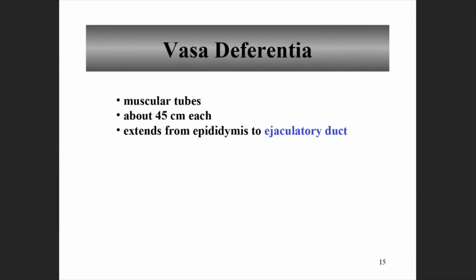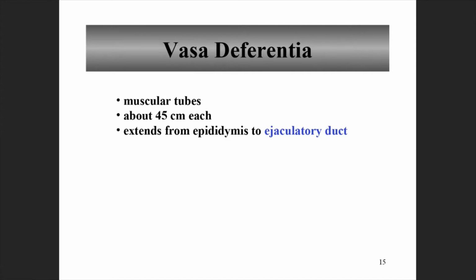So you guys need to know the semen flow. From the epididymis, vas deferens, the ampulla of the vas deferens, the ejaculatory duct, which joins to the male urethra, is divided into 3 regions.